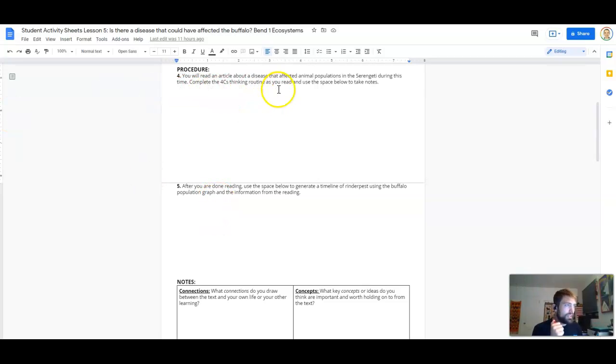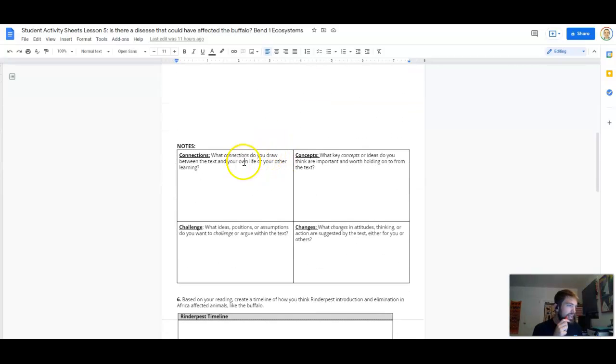What we're really going to be thinking about is what connections you draw between the text, what you're hearing or reading, and your own life. Connections. Concepts. What concepts or ideas do you think are important and worth holding on to from the text? What are some important ideas relevant to our investigation?